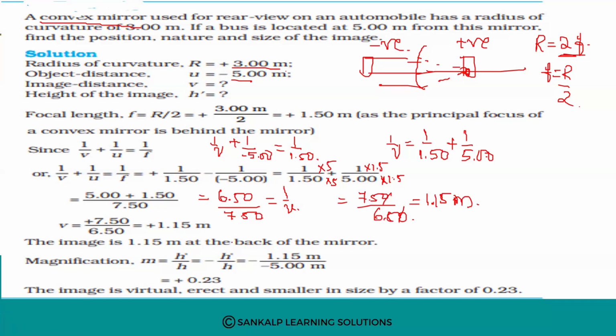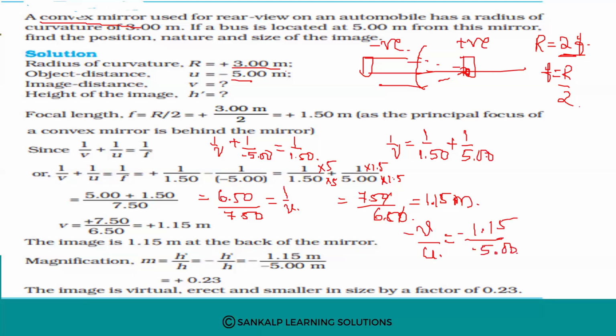Magnification M is equal to H dash divided by H, which is equal to minus V divided by U. V value is 1.15, divided by U value, minus 5.